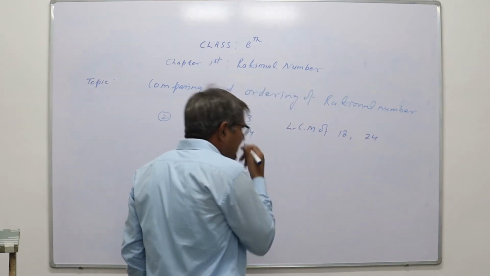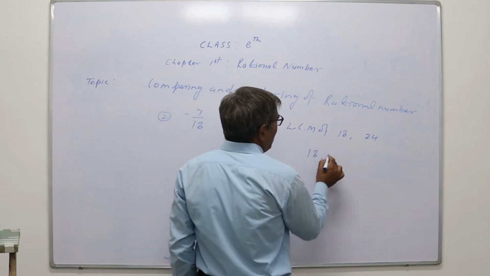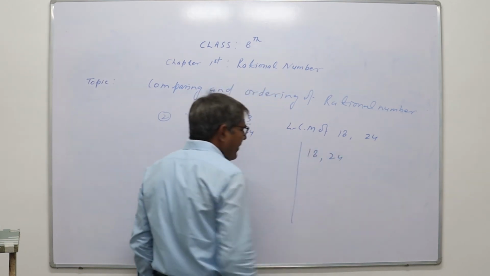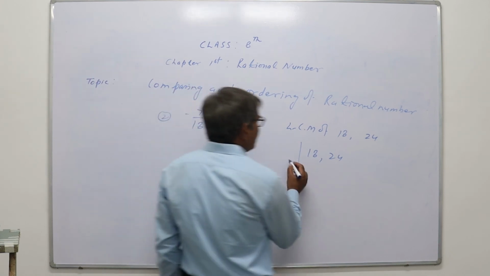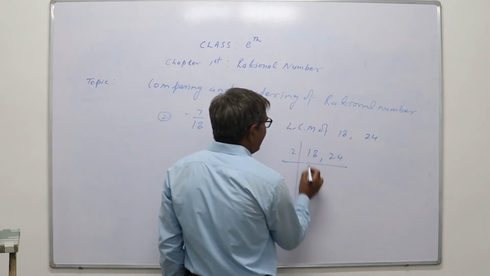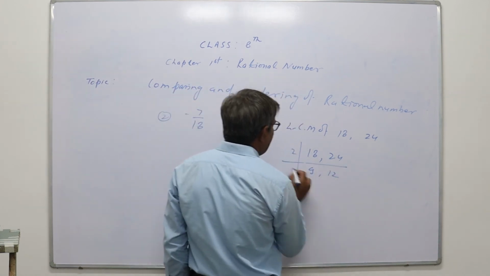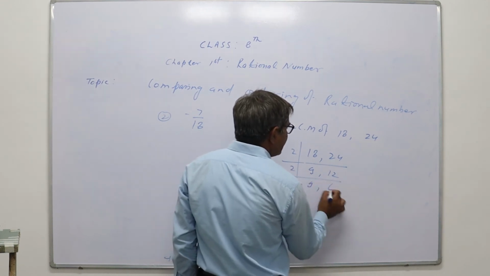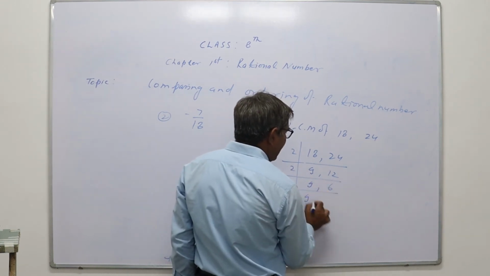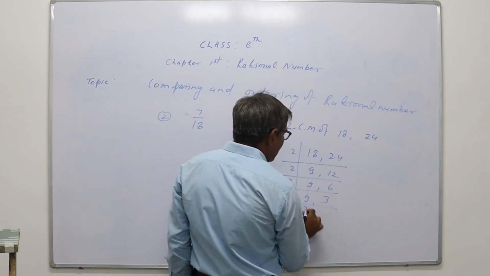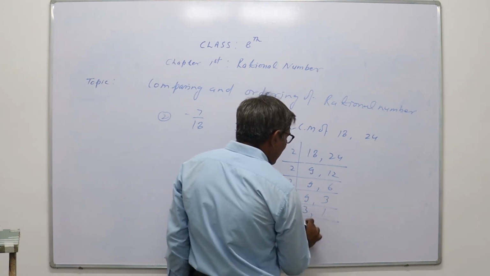How will we find the LCM? First write 18, 24, divide by 2, so this is 9, 12; again divide by 2, 9, 6; then 2, 9, 3; then by 3, 3, 1; then 3, 1, 1.